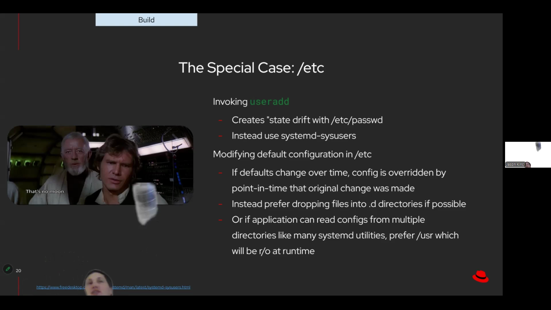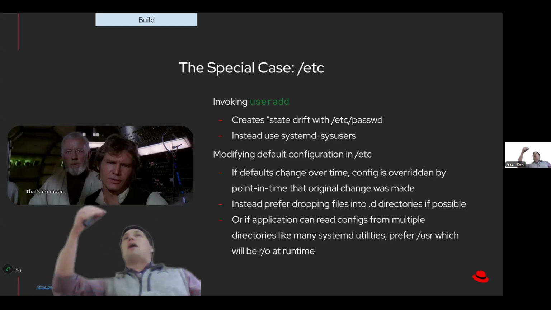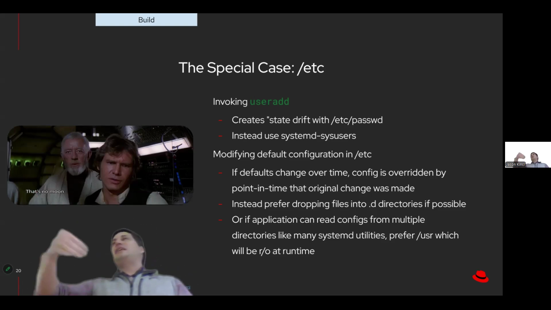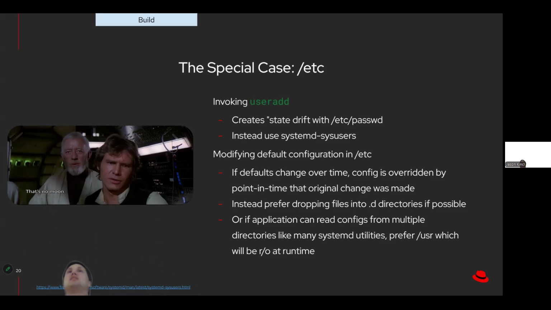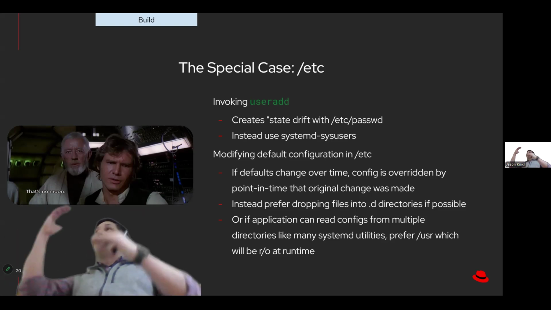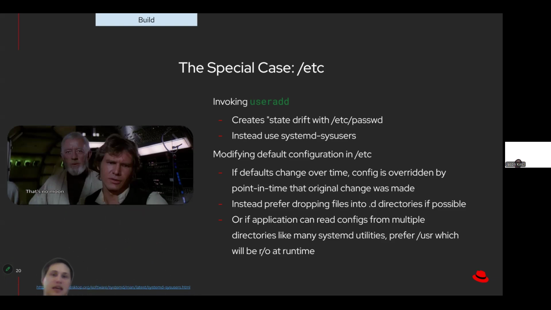So there's a lot of different systems to deal with these sorts of things. The main one is the .d directories, being able to just drop a configuration into .d. Most systems have adopted this pattern of configuration where you can drop in a configuration snippet that gets pulled into the full configuration. That's a big thing.